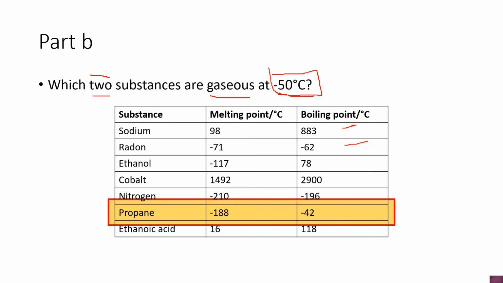So according to that assumption, we can take radon as the second substance because it is the closest to minus 50. Minus 196 is a lot far away than minus 50. So the answer for these two questions are radon and propane.